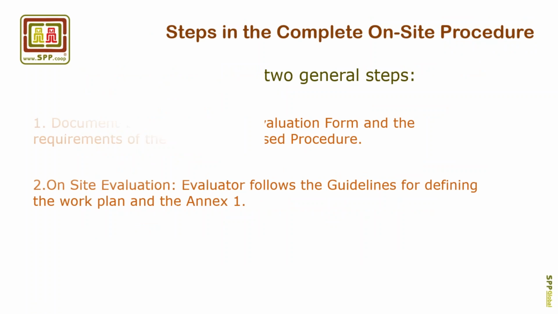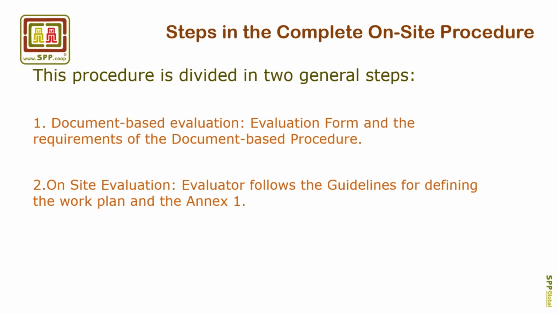And the steps in the complete on-site procedure. The procedure is divided into general steps. The document-based evaluation is the evaluation form and the requirements of the document-based procedure that we reviewed in the previous slide. And number 2, an on-site evaluation. The evaluator follows the guidelines for defining the work plan and the Annex 1.